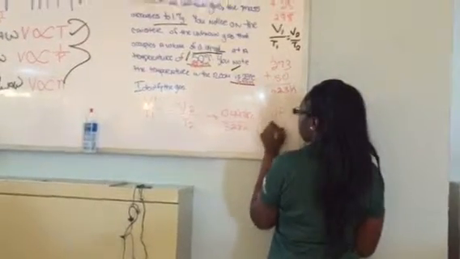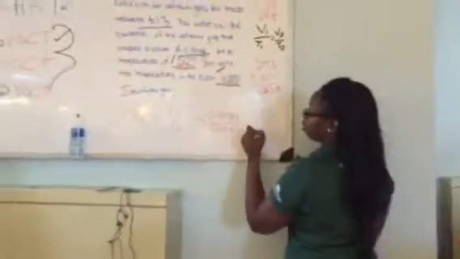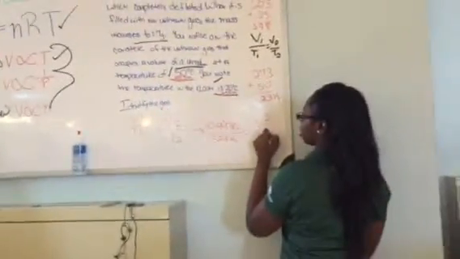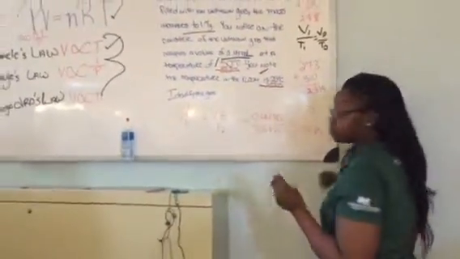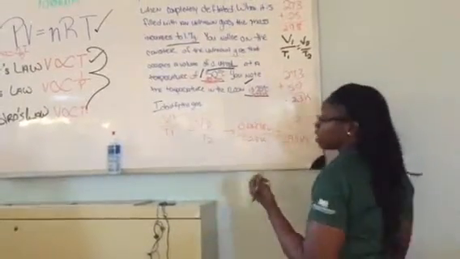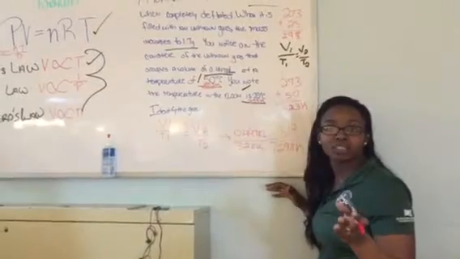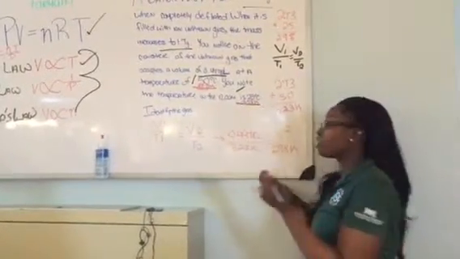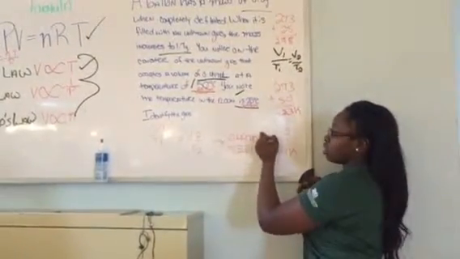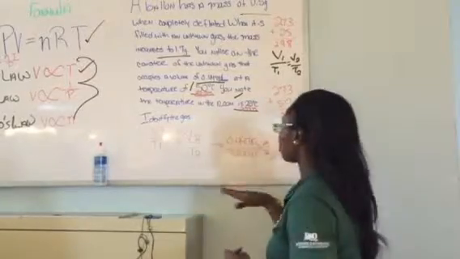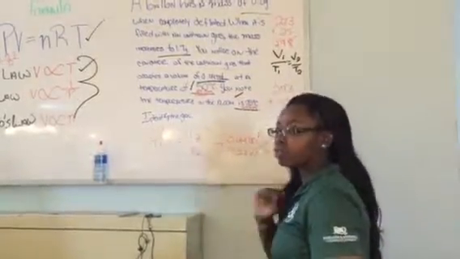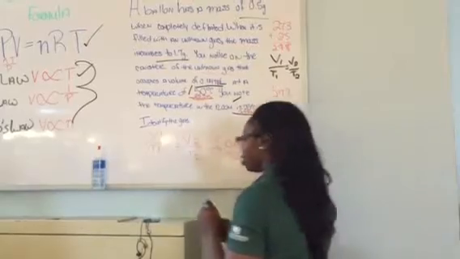V2 over, which we already have, 298 Kelvin, right? So this is just simple math. If you remember anything about algebra, basic geometry, things of that nature. I know everybody remembers cross multiplication. Very simple. All you have to do is cross multiply and divide. Really easy.